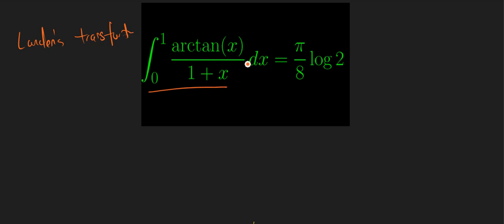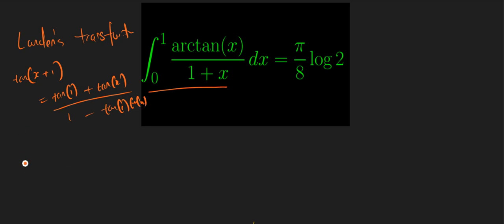This substitution involves recognizing that for the arctangent function, if you have tan of 1 plus x, then this is going to be the tangent of 1 plus the tangent of x, all divided by 1 minus the tangent of 1 times the tangent of x.